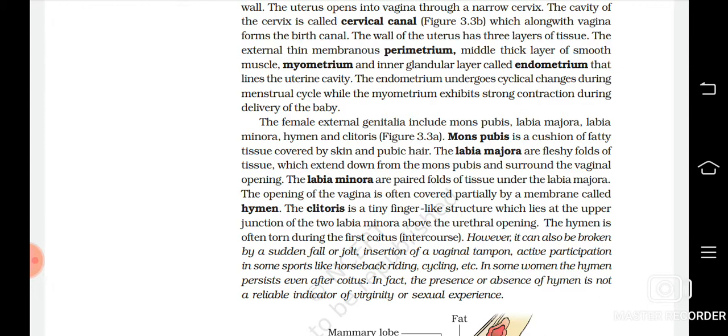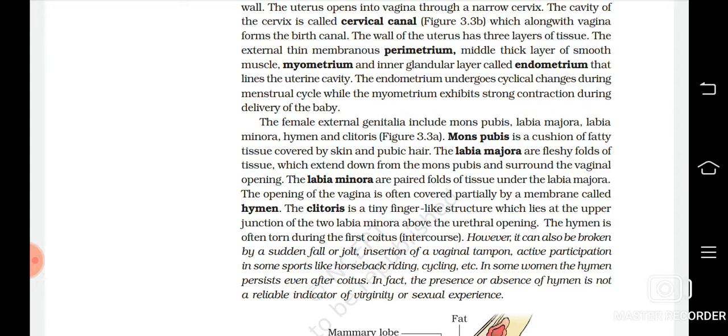The opening of the vagina has a membrane known as the hymen, and the clitoris is a finger-like structure that lies just above the junction of the two labia minora.